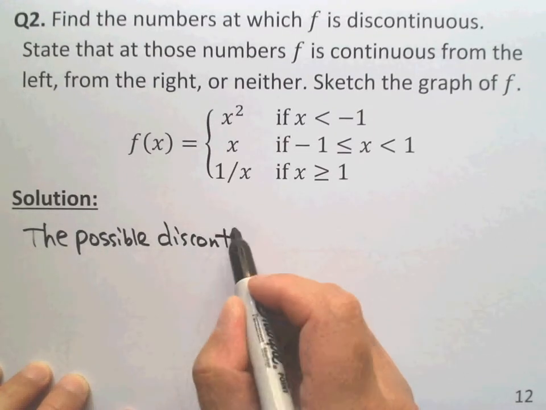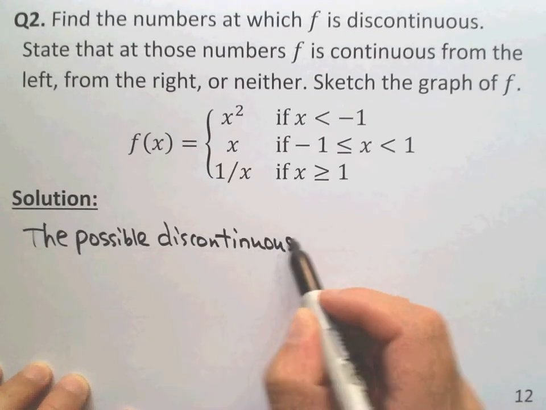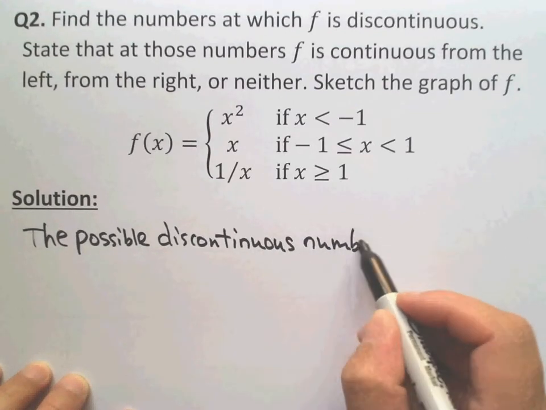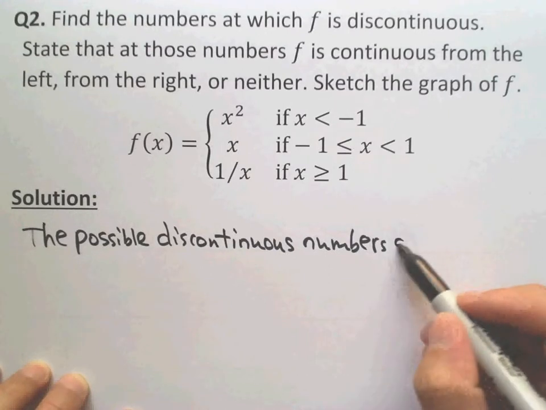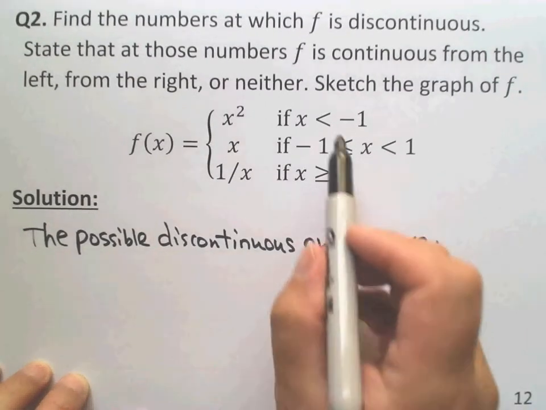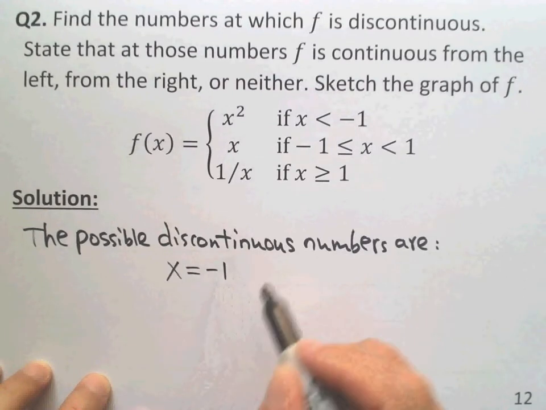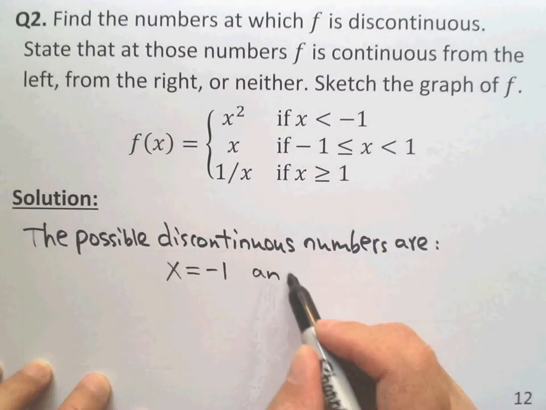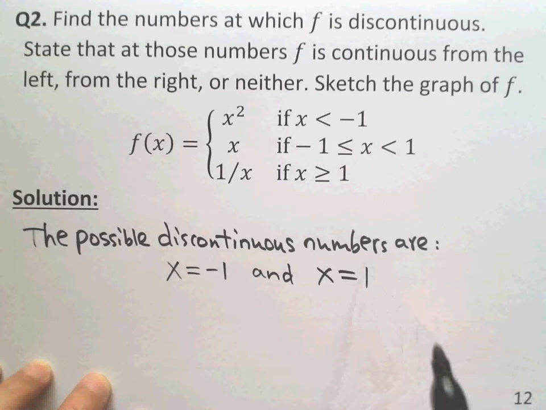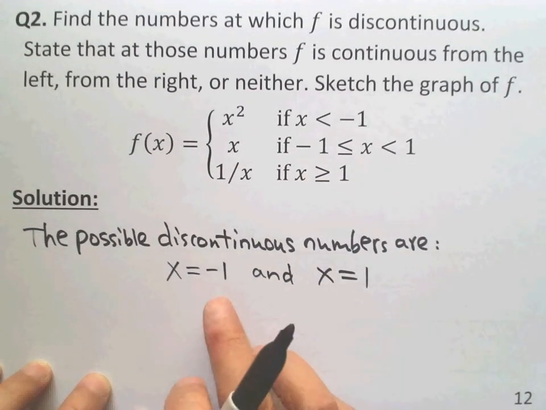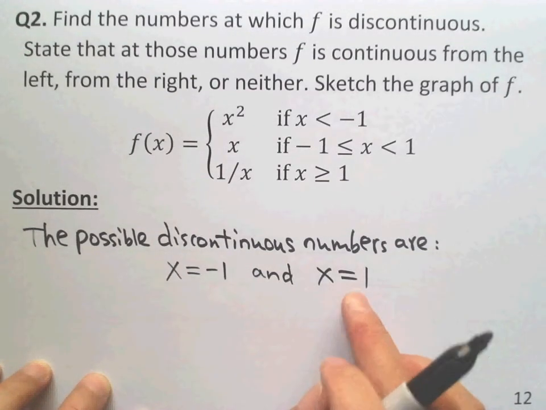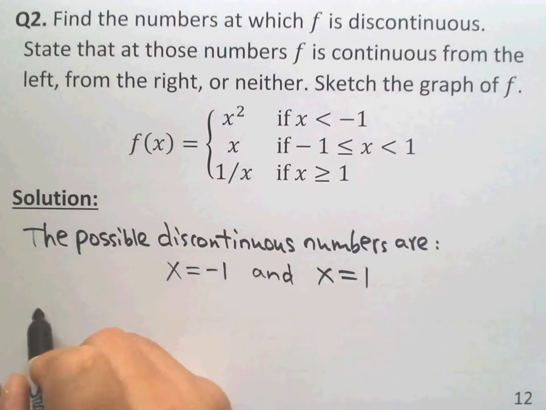Okay, let me show. So the possible discontinuous number or point, which point? x equals -1 or x equals 1. Now what do we have to do?